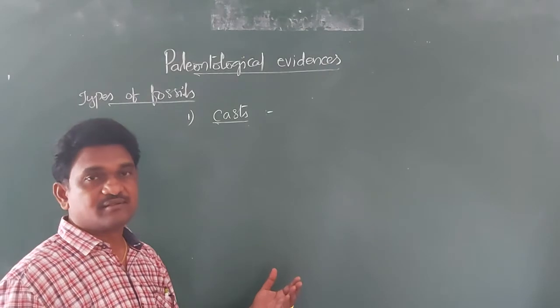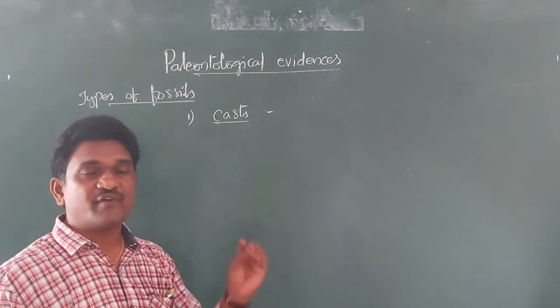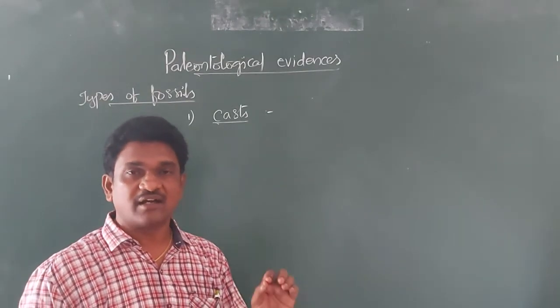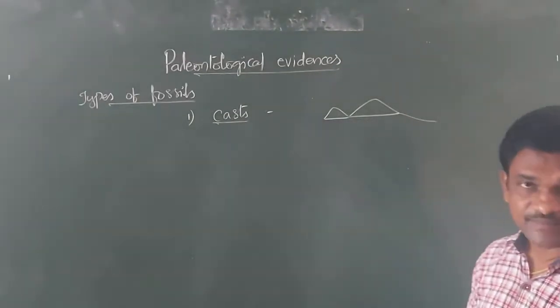1. Casts. What are casts? Casts are fossils in the form of a cavity after the decay of the organism's body, like this. This is an organism. It was a dead organism.